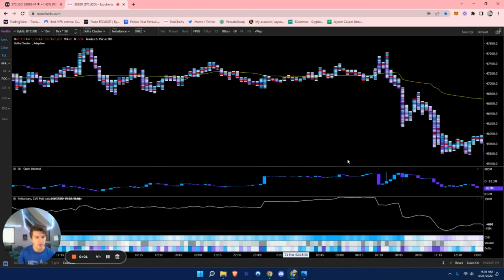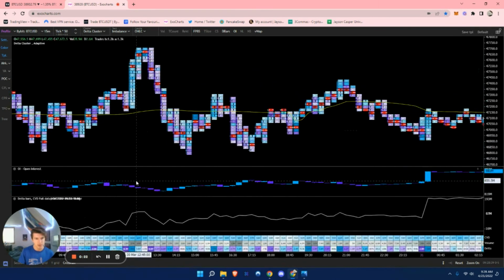And so this is an example of an absorption short. It's not really the best example, but likewise, you got price making lower lows, or lower highs, I should say. And then we have our CVD making higher highs. As you can see, if we relate this point and this point to the CVD on here.